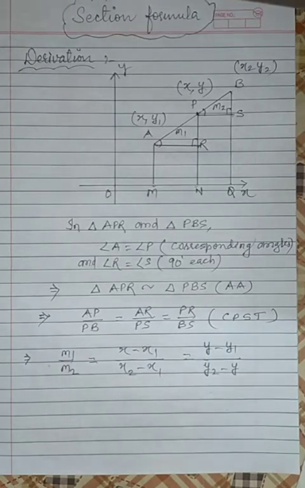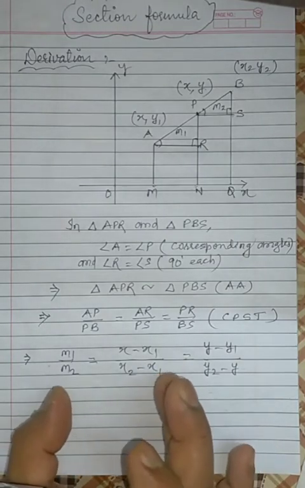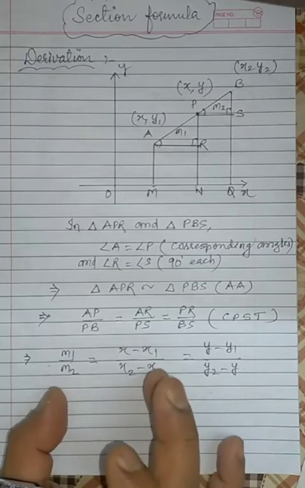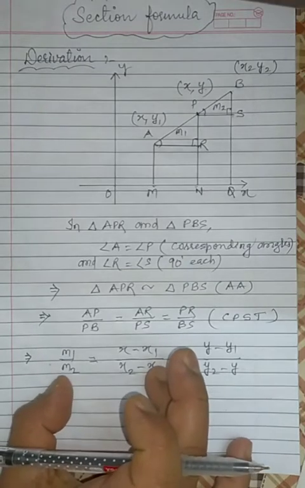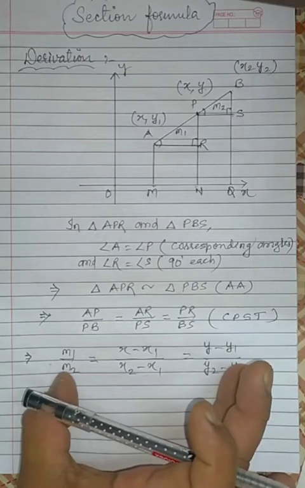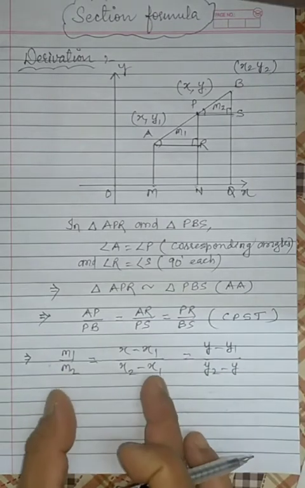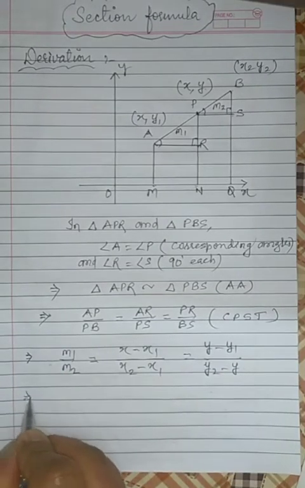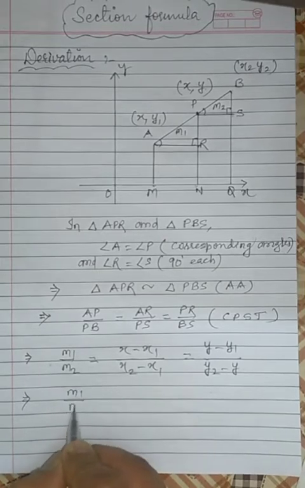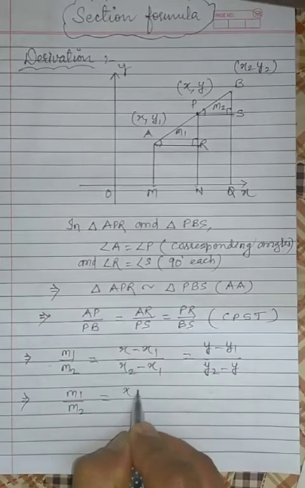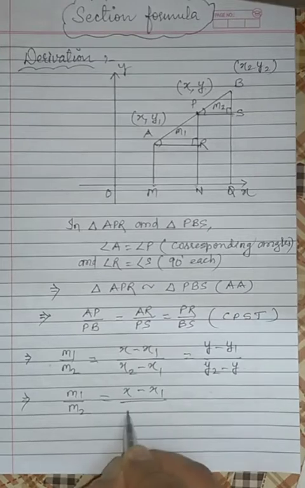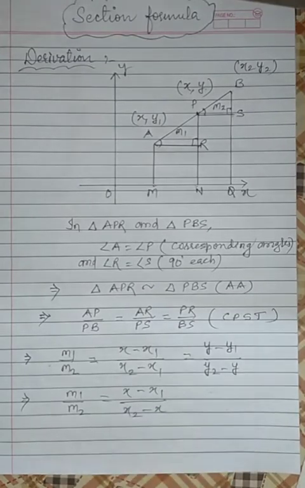Okay, now let us take them one by one. First we will take these two and then we will take these two. So if we are taking these two, M1 upon M2 is equal to x minus x1 upon x2 minus x.